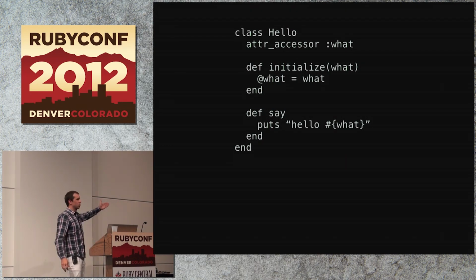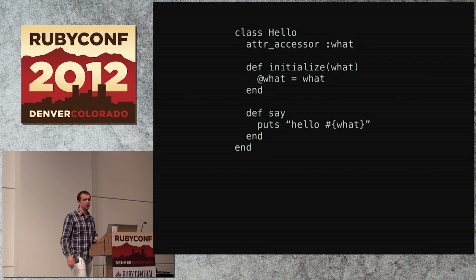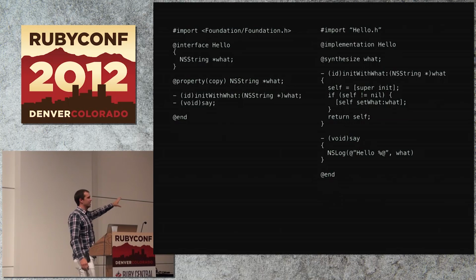Ruby is a purely object-oriented language. When you loop in Ruby, you can use iterators, you can use everything that you're used to in Ruby. It's a very nice, high-level, very concise language. This is hello world in Ruby that, when compiled down in RubyMotion, would actually implement a class that initializes with what you want to say, and when you told it to say that, it would say hello. This is a comparable class in Objective-C.